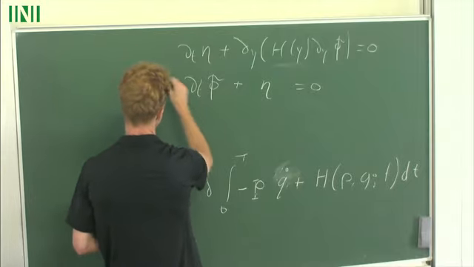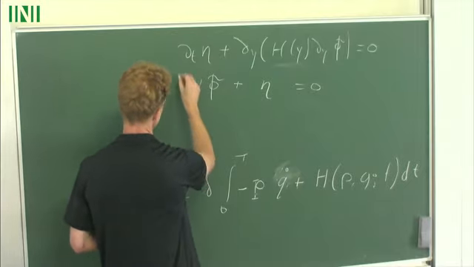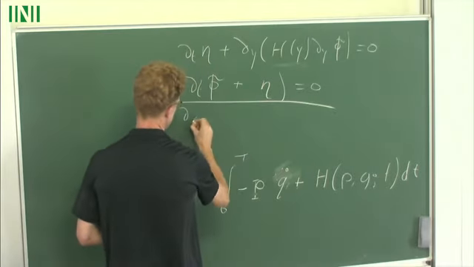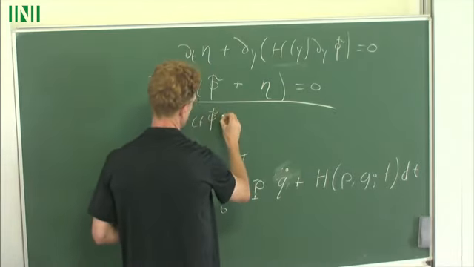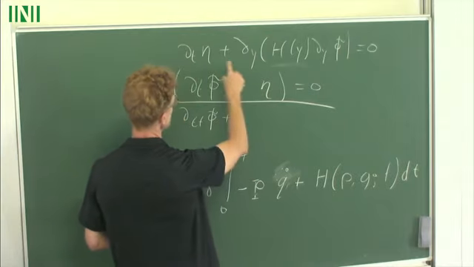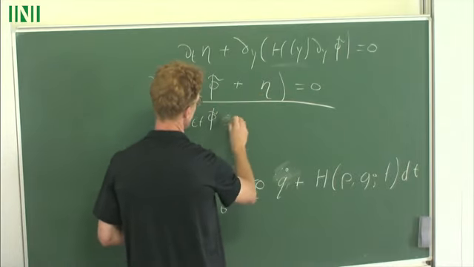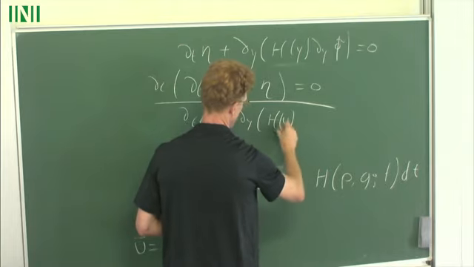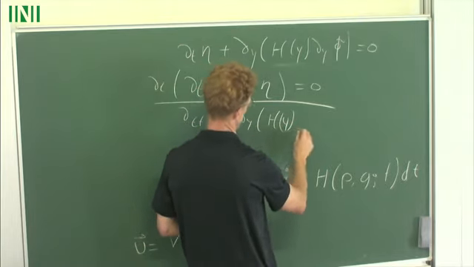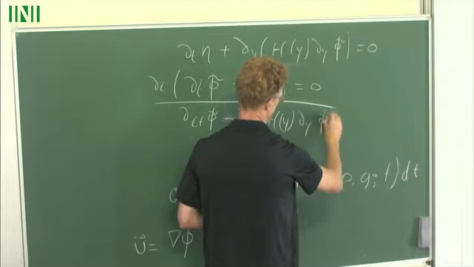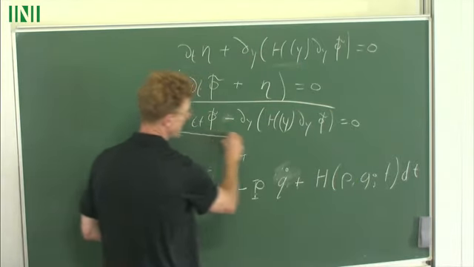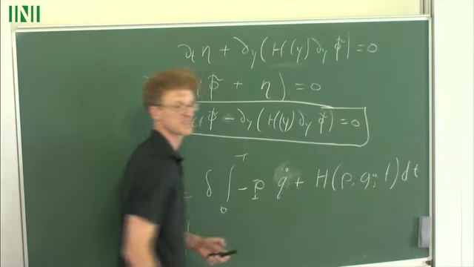So if I now take the time derivative of this equation, I get dtt phi tilde plus d eta dt, but then I can substitute here, so I get dt dy, h of y, dy phi tilde is 0. So this is the well-known wave equation, right?